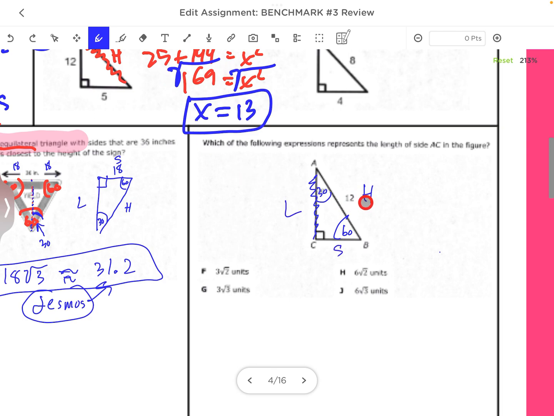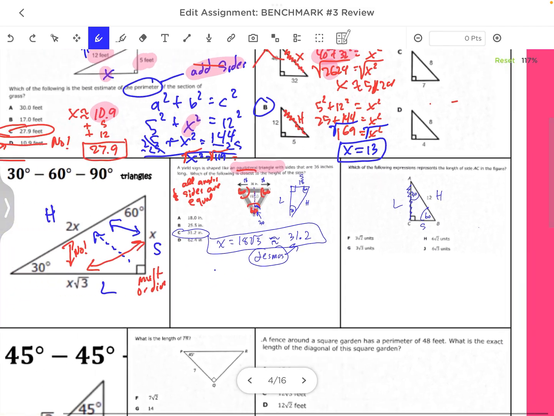So what do we have? We have the hypotenuse, and we're trying to find AC, the long. We said we can't go from the hypotenuse directly to the long. We're going to go from the hypotenuse to the short by dividing, because it's shorter, and then we're going to multiply.